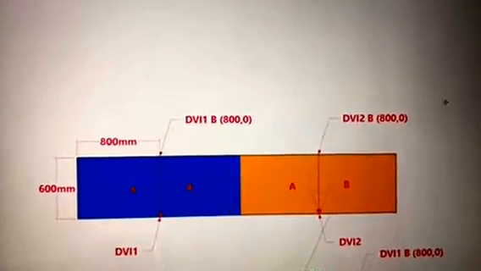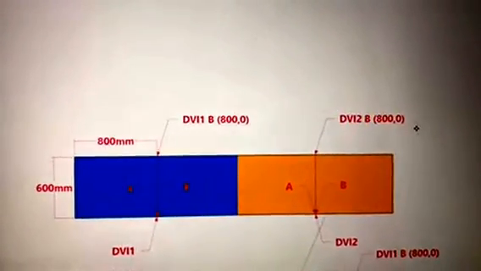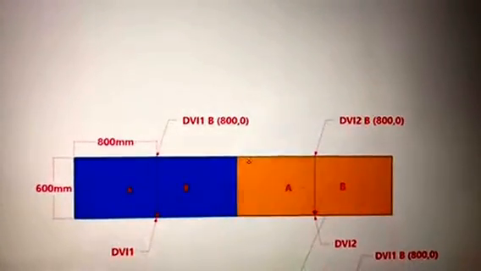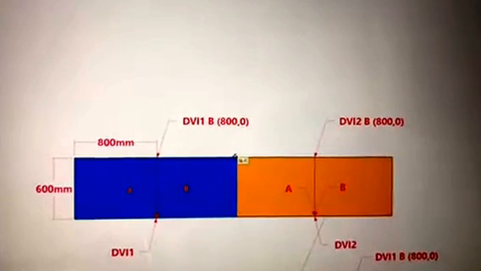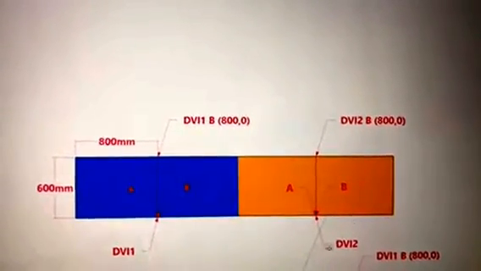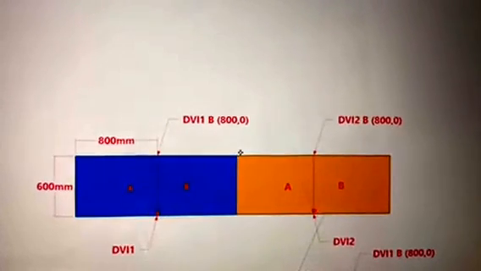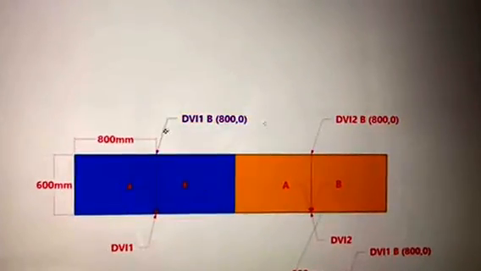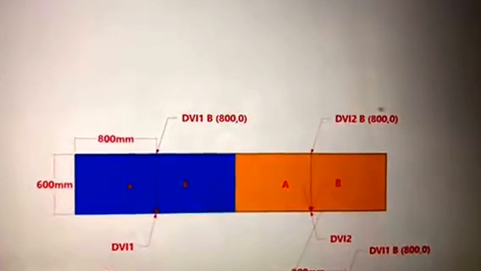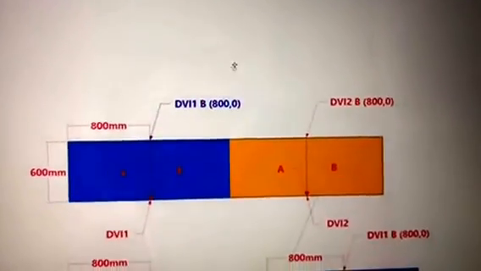And for this one, we should also set to 800, 0. But this one, DVI-2A, is 0, 0, okay? This one is 0, 0, because this is 2 DVIs. This grid will be moved by the video processor, but these two have to set on the software.